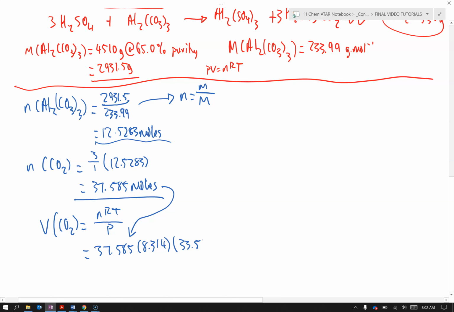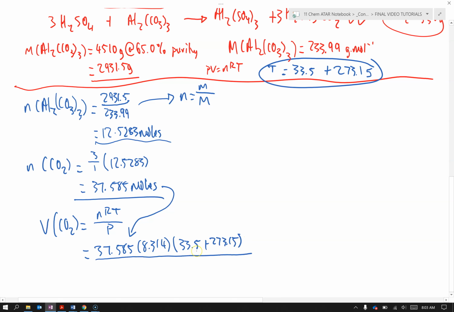Wait, hang on a second. No, it's not. Because temperature is only ever done in Kelvin. So that means temperature must be 273.15 plus 33.5. Sneaky.